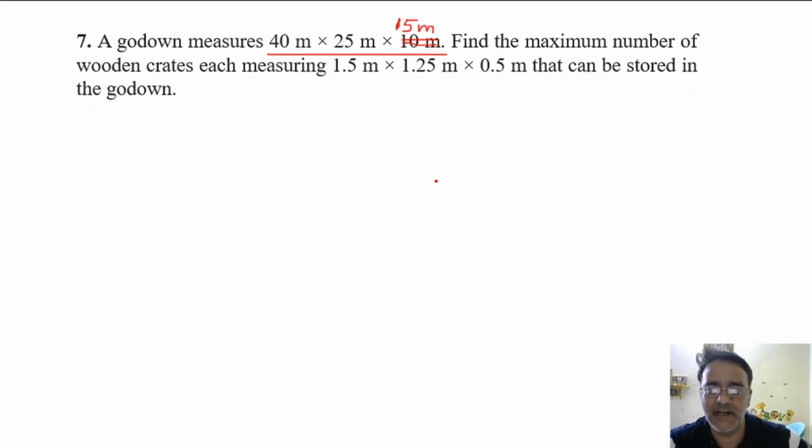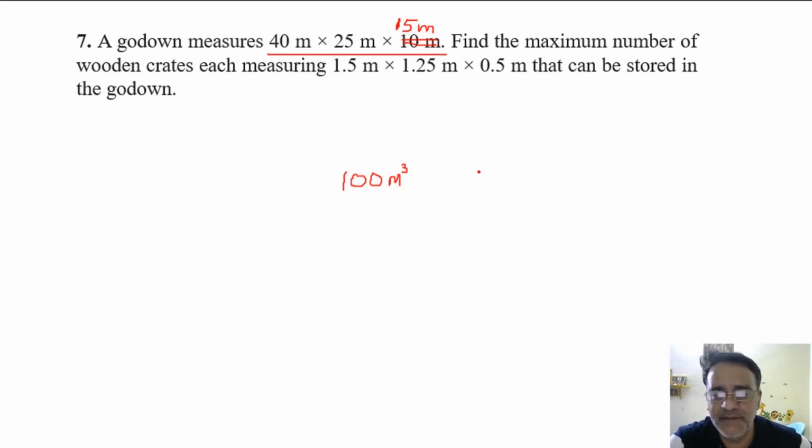Now I am asking one question. Suppose we have one cartoon box in which the capacity is 100 meter cube. A big cartoon box is there, 100 meter cube is the capacity, and we are keeping books in it.